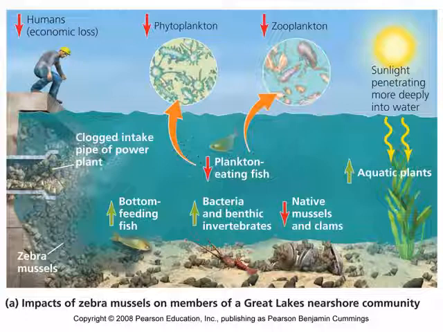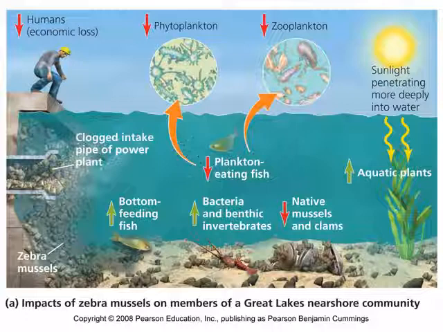So you see the phytoplankton and the zooplankton decreasing, which in turn caused these plankton eating fish to decrease, right? At the same time, this clear water allowed aquatic plants to grow better, because the sunlight could penetrate more deeply.